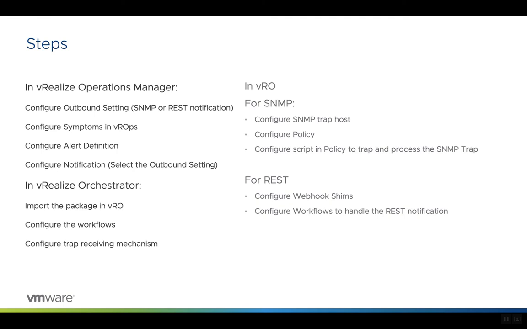For REST notification, you need to configure webhook shims and then configure workflows to handle the REST notification. As mentioned, I would not like to utilize webhook shims at this moment, because it is a third component. In my solution, I want to minimize the number of components that I put, because in a car or any machine for that matter, the more components you put, the more possible points where it can break, right?